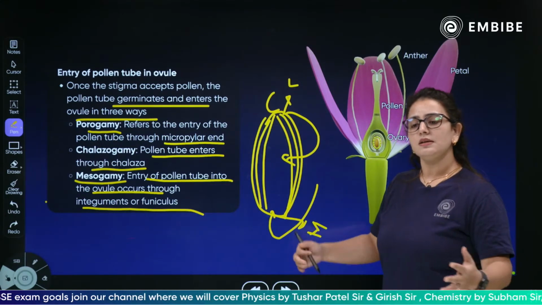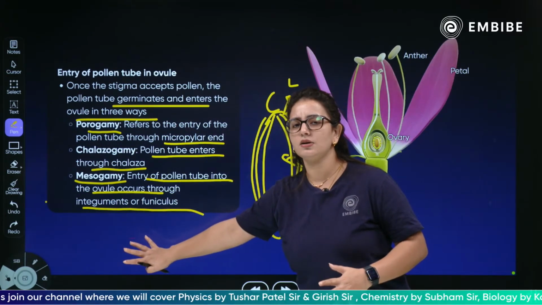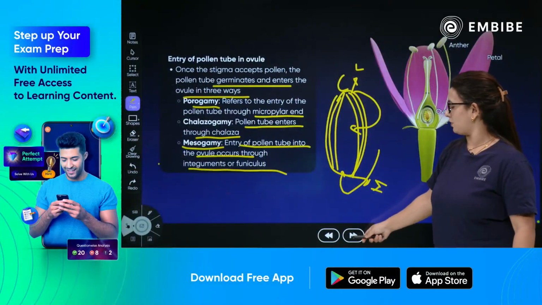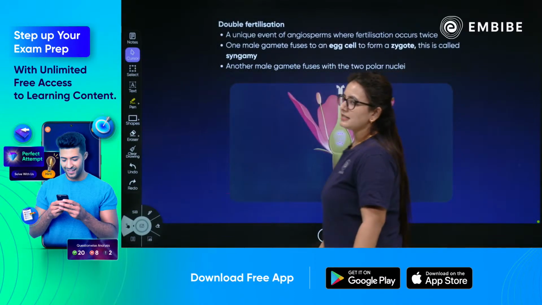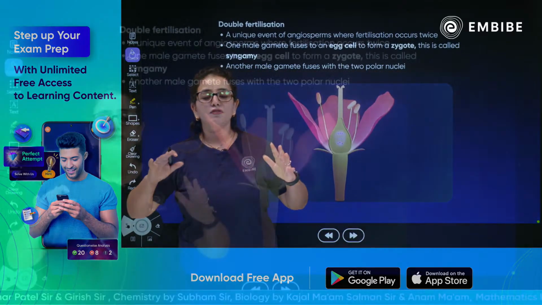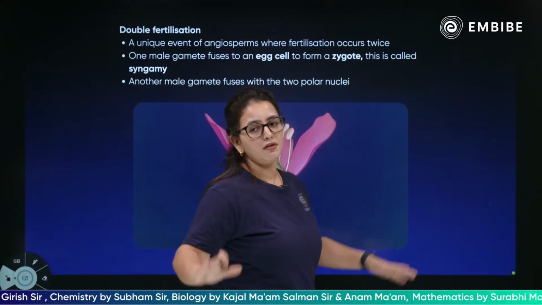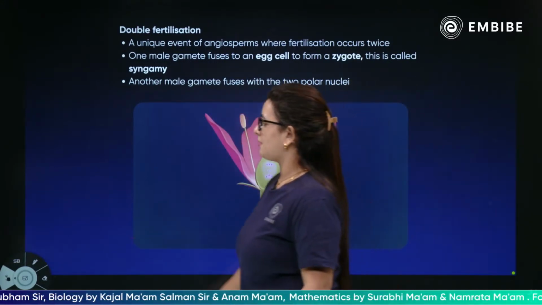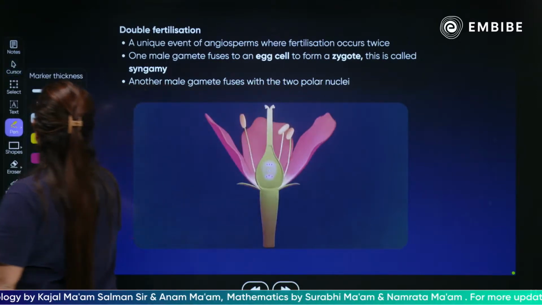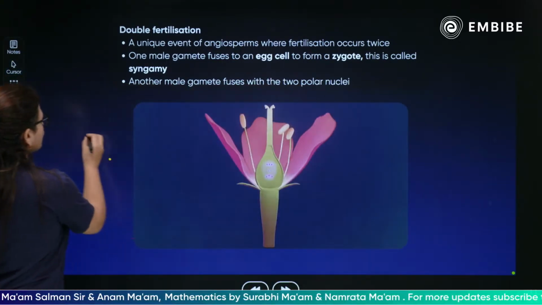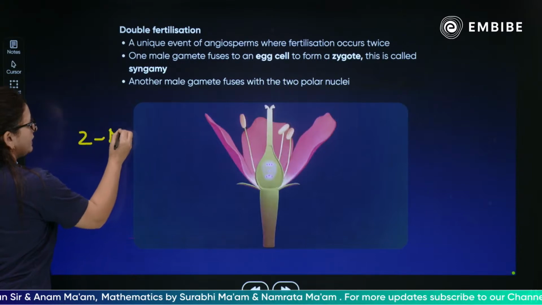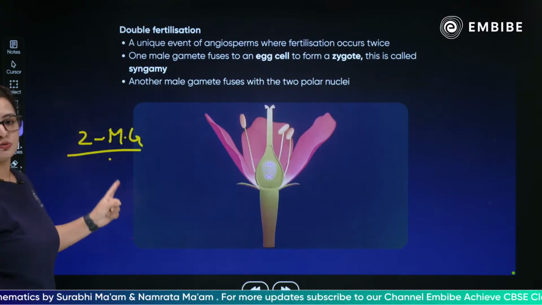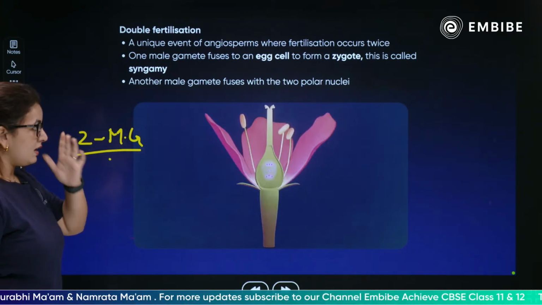By any method they can enter this particular ovule. Let's see, the moment they have entered, what will happen afterwards. There is going to be a fusion, a double fertilization event. What is the event? Very simple, children. Two male gametes, and as I said, both of them will fuse with the cells of the ovule.